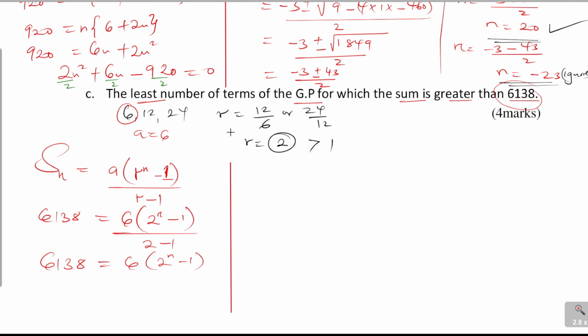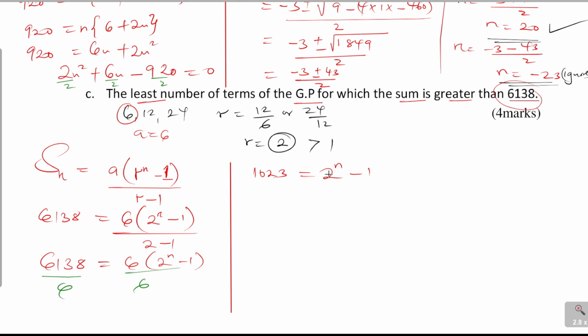With that, we can divide both sides of this equation by 6. So that you get 6138 divided by 6, that will give 1023. 6138 divided by 6, 1023 is equal to 2 to the power n subtract 1.